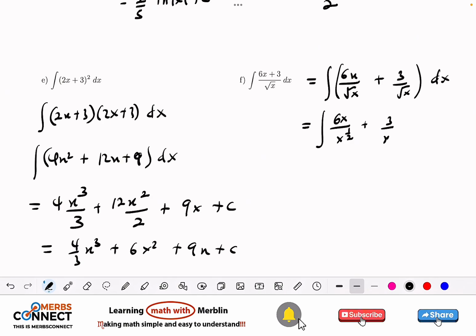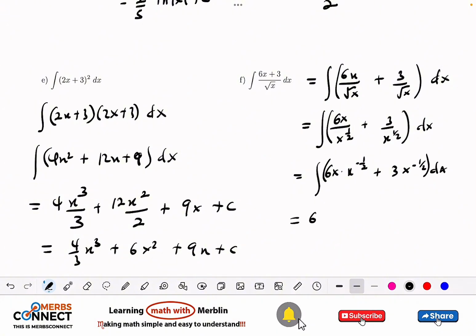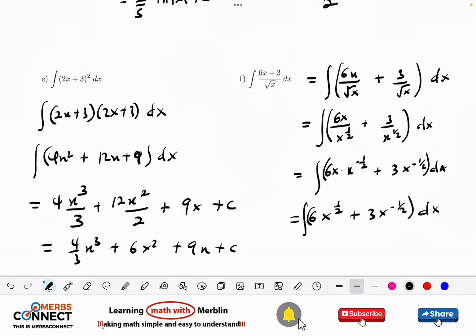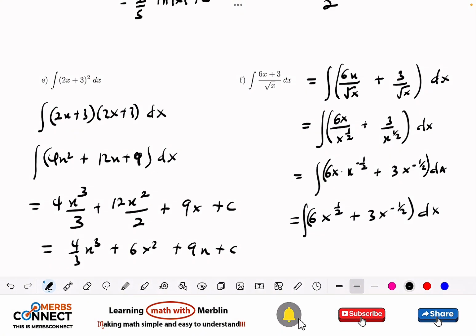Then I can write this one as 6x times, when I move this one up, x to the power minus 1 over 2 plus 3x to the power minus 1 over 2 dx. Right. Multiply. With indices, when the bases are the same, we add the exponents. This is 1, so 1 minus half is going to give us x to the power 1 over 2 plus 3x to the power minus 1 over 2. So you see, I need to go through all this simplification before I even start doing the actual integration.